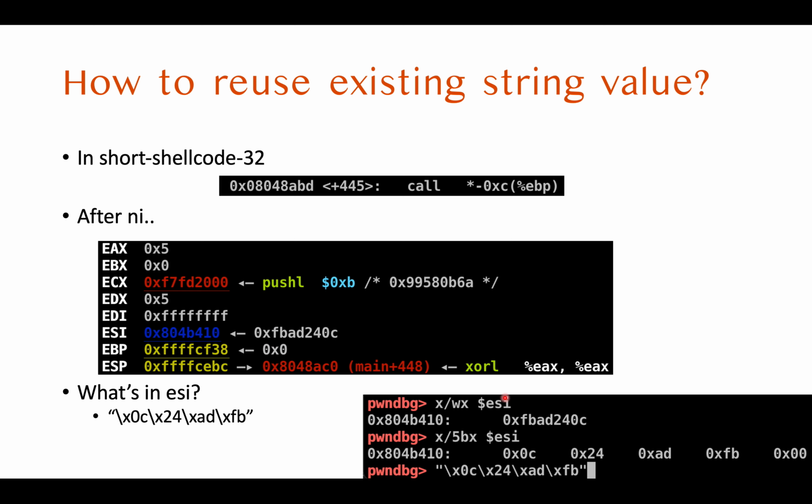If you print that value, it will be 0xFBAD240C. And if you print that as a byte sequence, it is 0C, 24, AD, FB, and it ends with 0, which is the end of the string. So you can regard the address pointed to by ESI as storing the string 0C24ADFB, because it is 4 bytes and the end of the string.